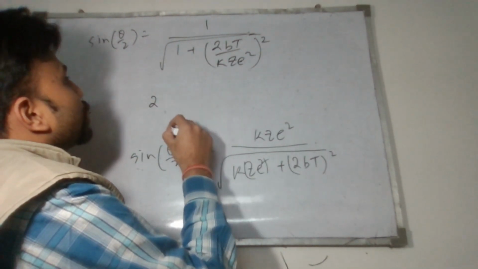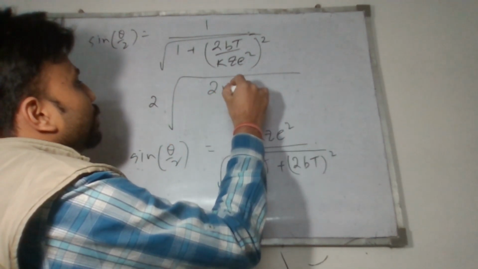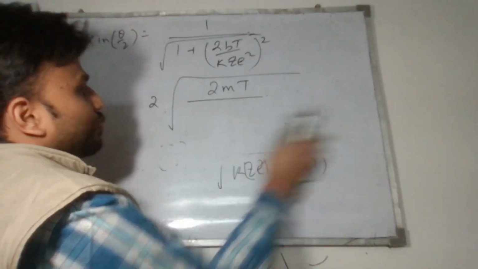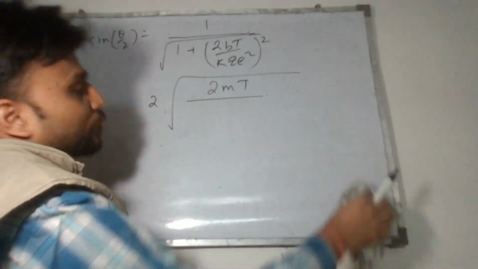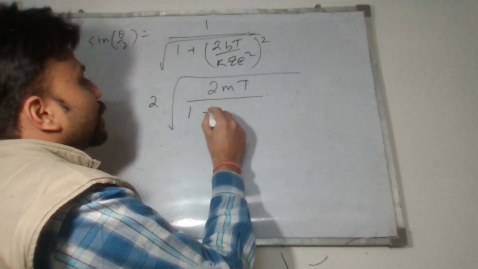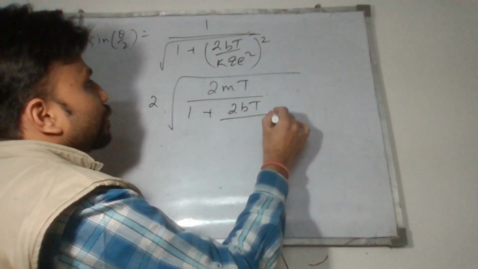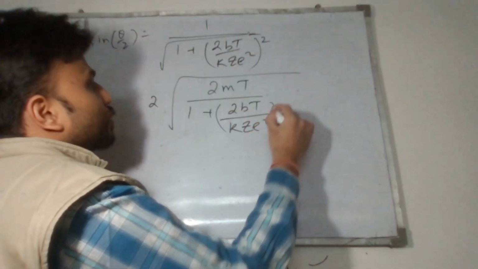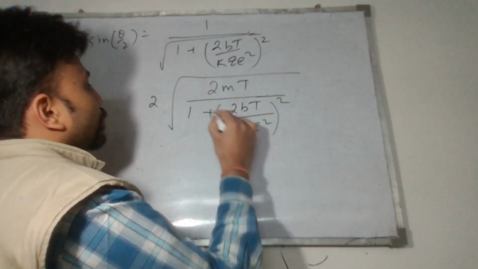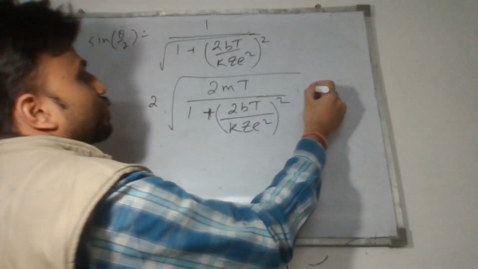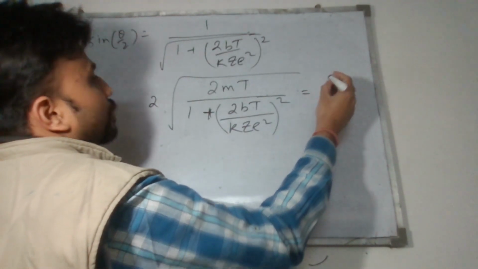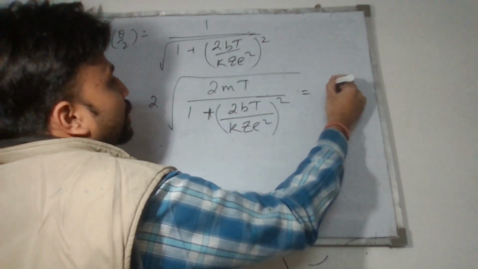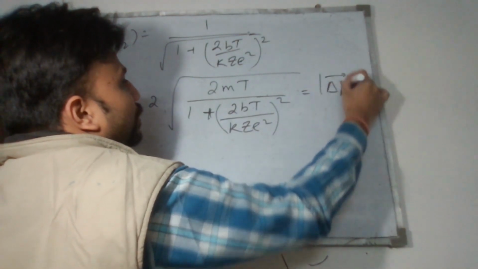So it would be 2 times the square root of 2mT divided by the square root of 1 plus (2bT upon KZe square) whole square. Yes, so this is our final desired value.